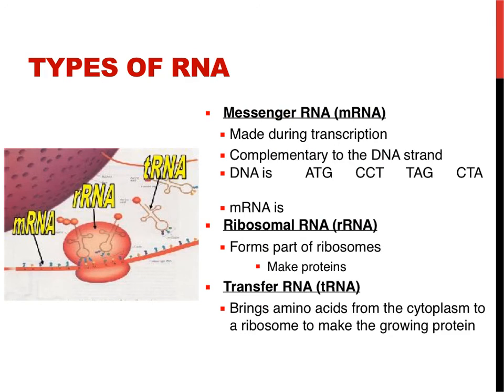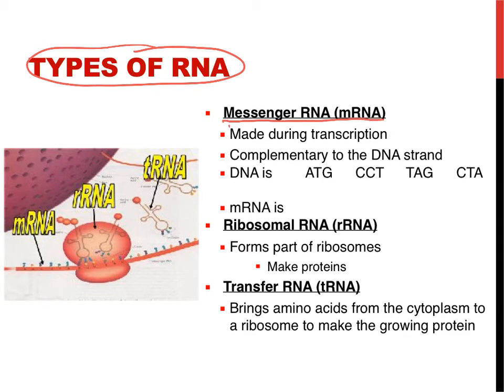So there are 3 different types of RNA. The first, called messenger RNA, or mRNA, is what's made during transcription. It's complementary to the DNA strand from which it's being read.